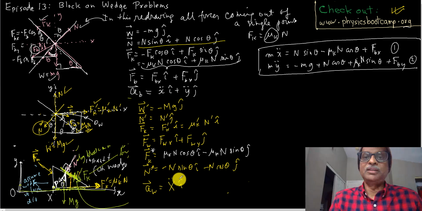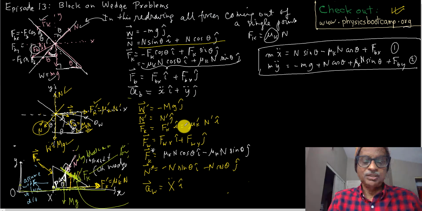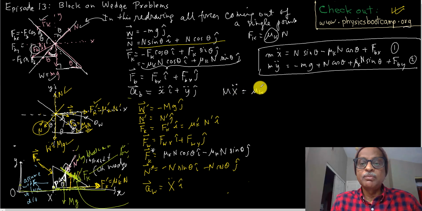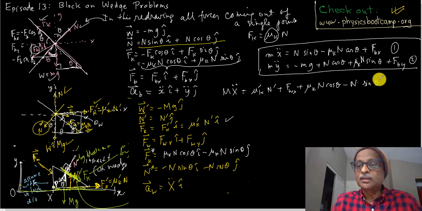Okay, so now we're going to write down its equation of motion. I just look for all the I's. So I get M X double dot equal to mu k prime N prime, so that got done, plus FWx, that part, and plus mu k N cosine theta, that part, minus N sine theta. So this is equation number 3.